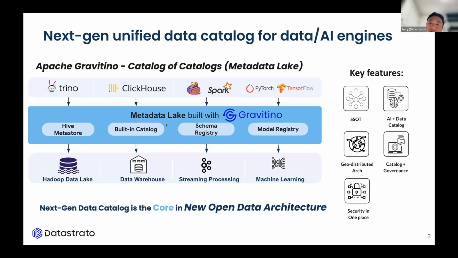Gravitino has several key features. The first important feature is a single source of truth at the metadata level. We provide a federated, unified view of the metadata, so we can achieve a single source of truth. Gravitino also supports multimodal data management.